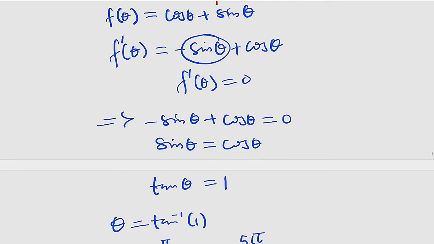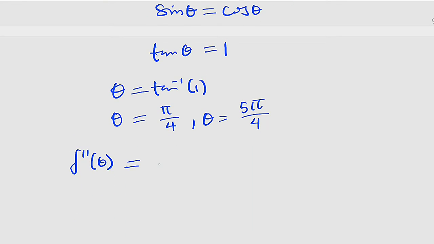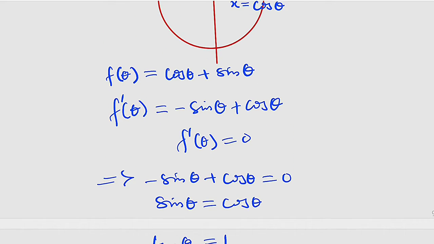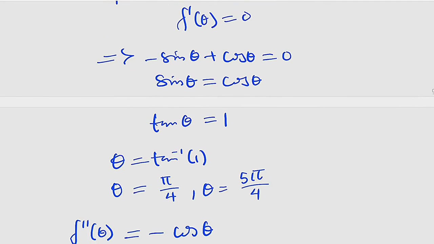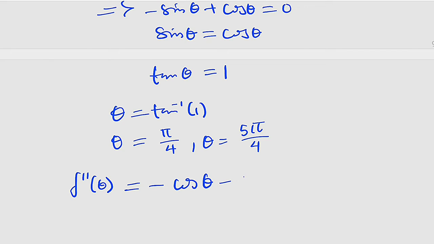If you differentiate sine, you're going to get cosine. Already we have our negative sign, so this is equal to negative cosine of theta. Then you differentiate this, you get negative sine of theta. So this is our second derivative.